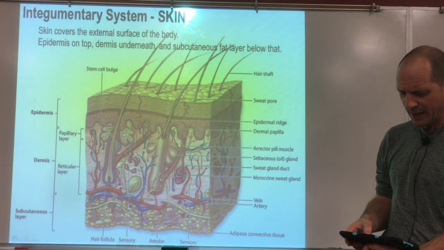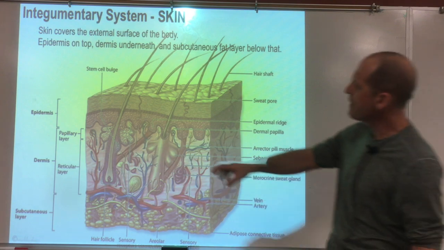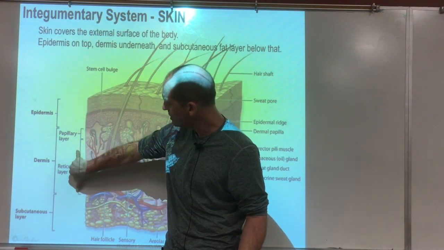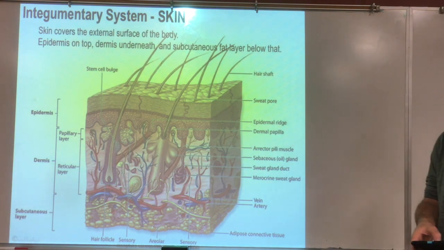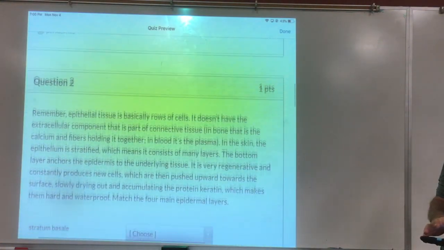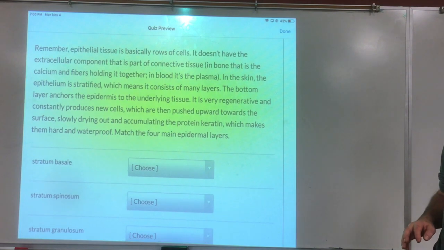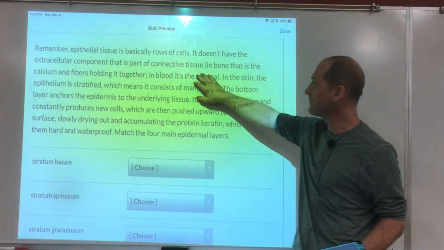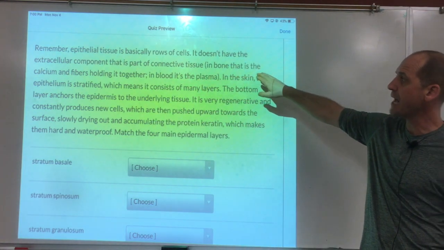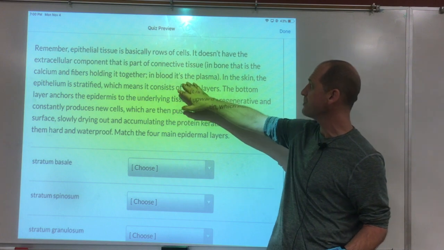That's okay. It's a small chapter. So epidermis on top, dermis below, subcutaneous fat layer. Remember, epithelial tissue is basically rows of cells. It doesn't have extracellular components, which is part of the connective tissue. You know, that's the calcium in the bone, or the blood, the water, the plasma in the blood.